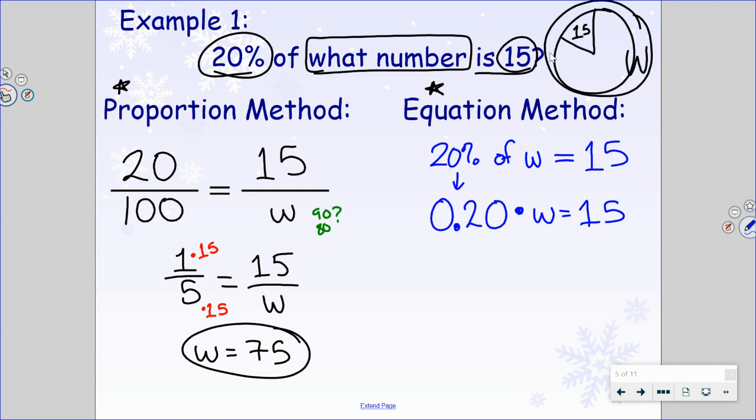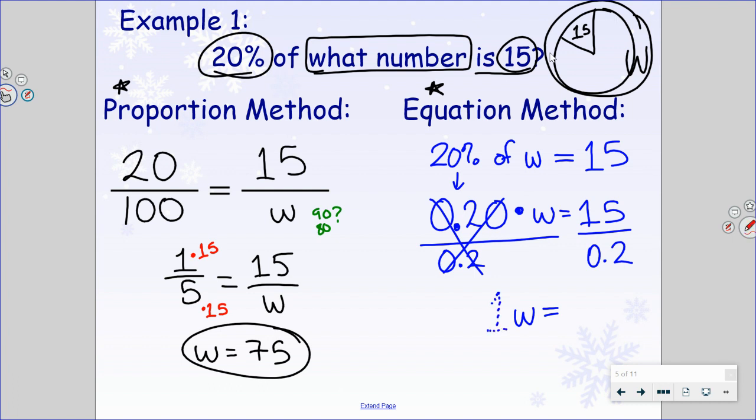Now, by the way, I would argue you don't really need that 0. Okay, but I don't want a part of W, I want W. So let's get rid of that decimal coefficient by dividing it. 20% divided by 20%, 2/10 divided by 2/10, naturally makes 1 whole W, and that's what we wanted.